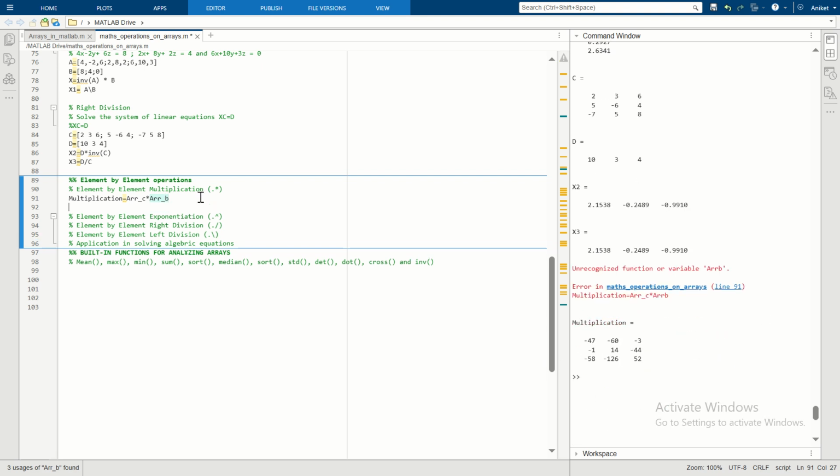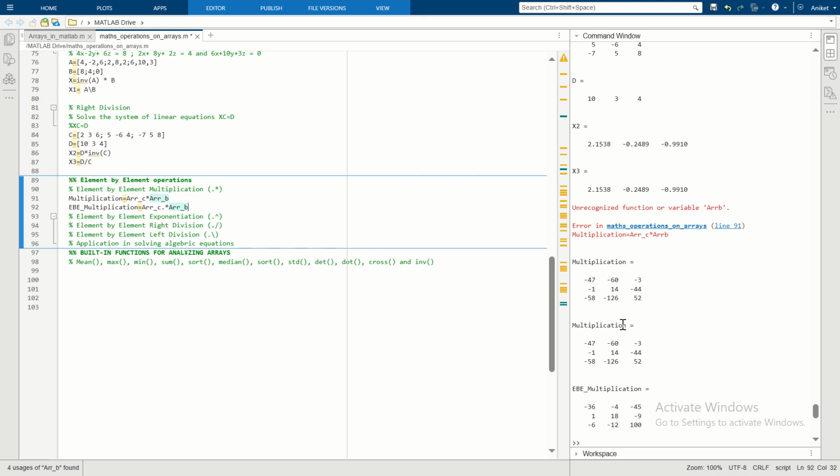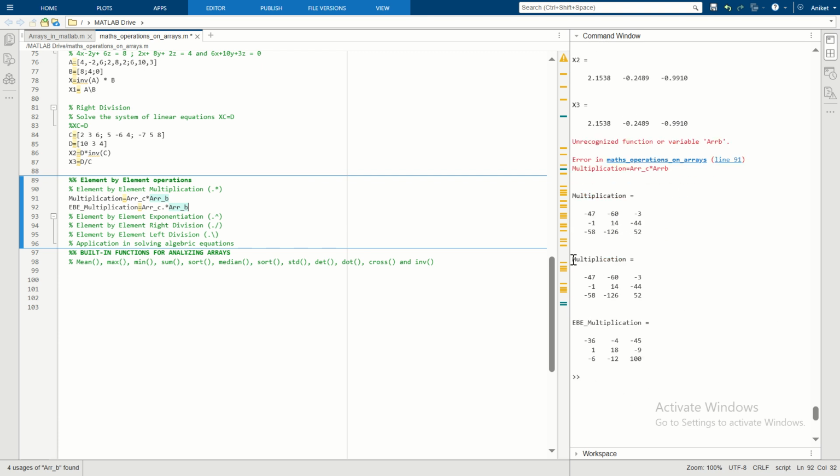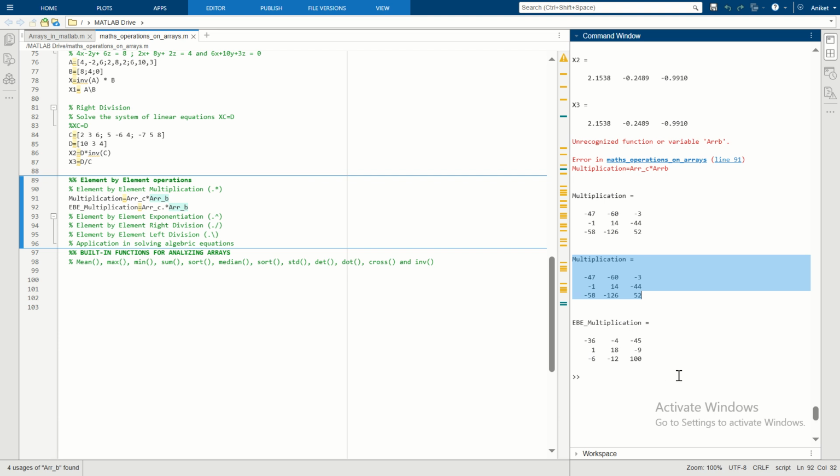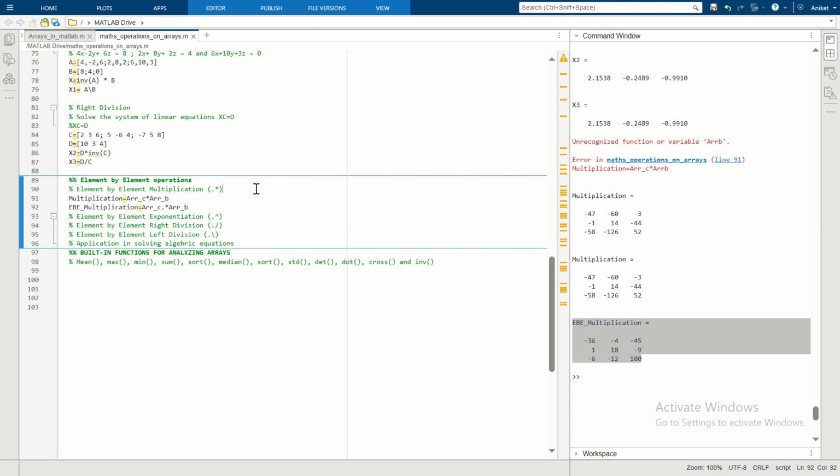Now we'll do element by element multiplication of array C and array B. You just have to use a dot before the star or the asterisk mark. So you can see here, this is the normal multiplication, and this is the element by element multiplication. Okay, so you can see the difference if you look at the elements.